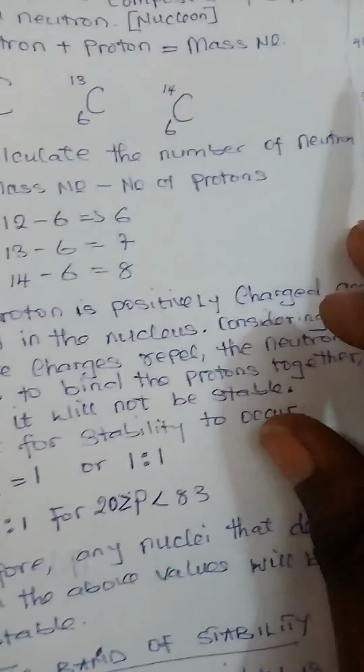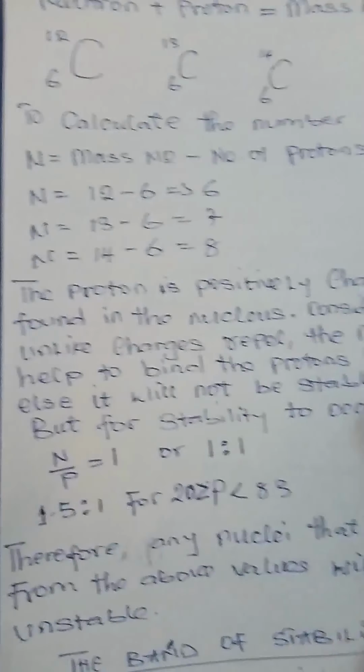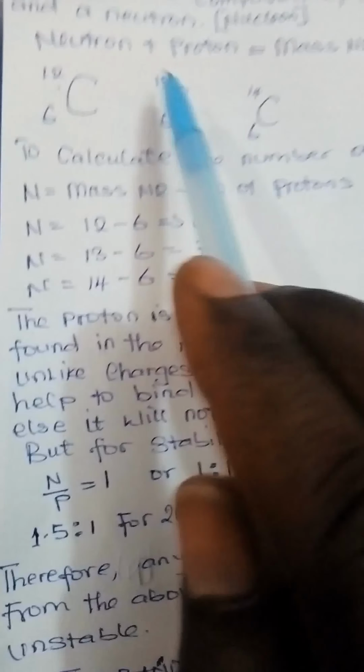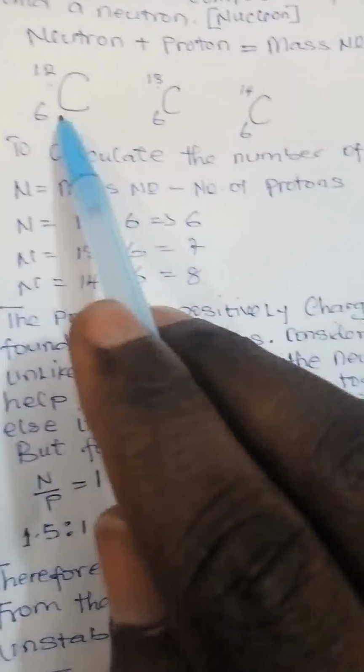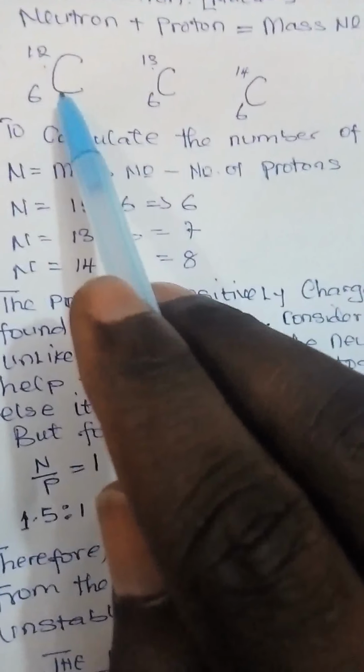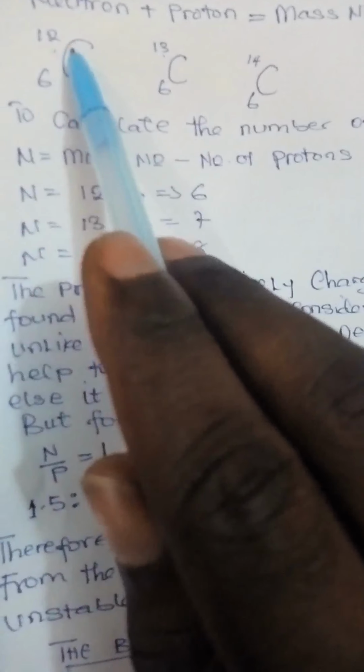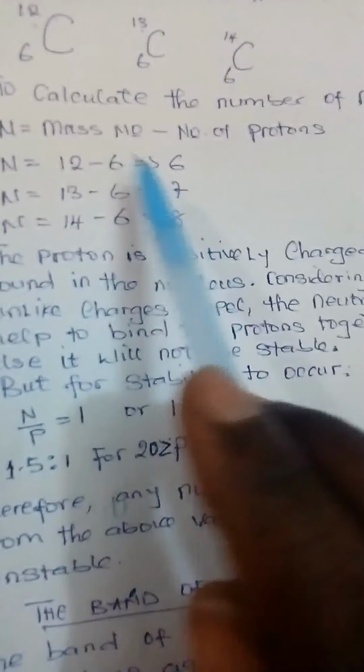Now, if you look at carbon 12, carbon 13, carbon 14, they are all isotopes of carbon. But the most stable is carbon 12. Why is carbon 12 most stable? If you take the number of neutrons, which you can calculate by saying mass number minus number of protons.